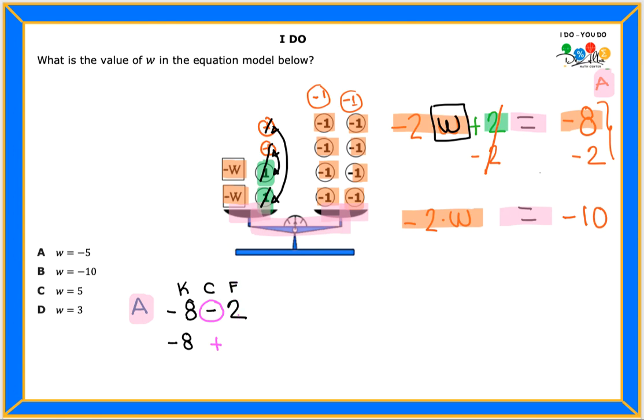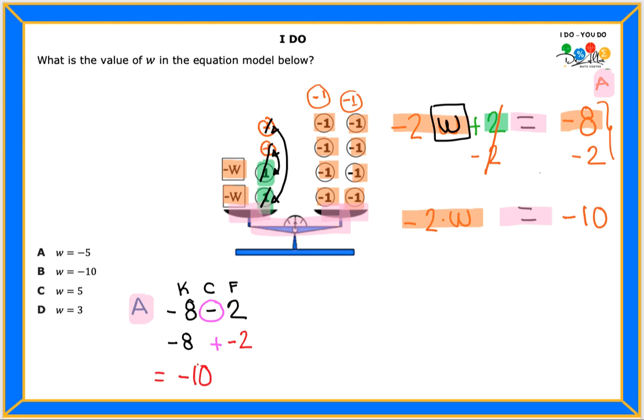So I need to get the opposite of positive 2. What will be the opposite of positive 2? And the answer is negative 2. Because you see how this one's positive, now here it becomes negative. And now it will make sense. If I add 8 negatives and 2 negatives, just like we did in this picture here, that's going to be negative 10.